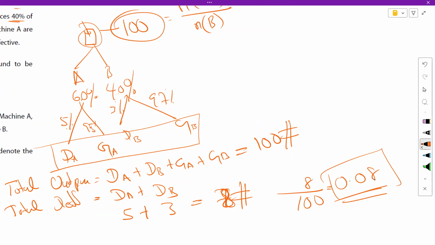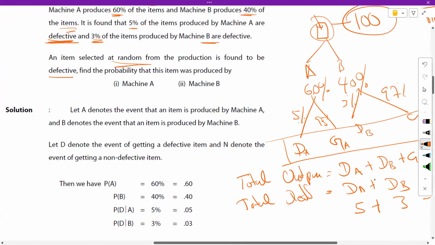Yes, sir. Now the question is, find the probability that this item was produced by A. An item is selected at random from the production and is found to be defective.